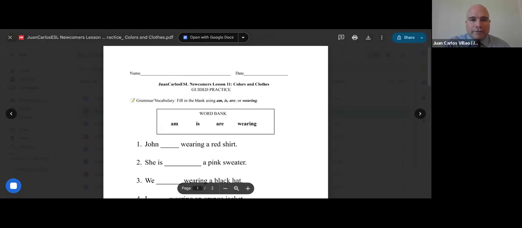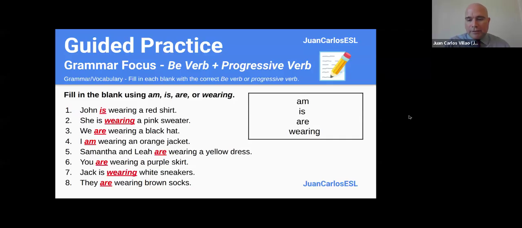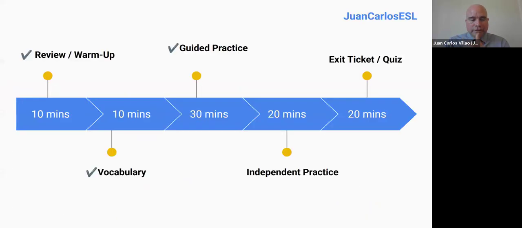All right, now let's go back to our guided practice. That concludes our guided practice. Now we've completed the review, the warm-up, the vocabulary, and guided practice. Now we're going to go over the independent practice exercise instructions, and then we'll get to the exit ticket followed by the quiz.